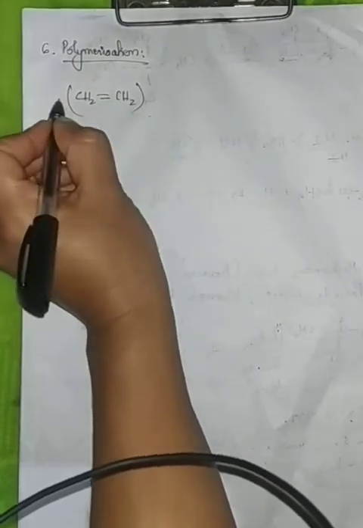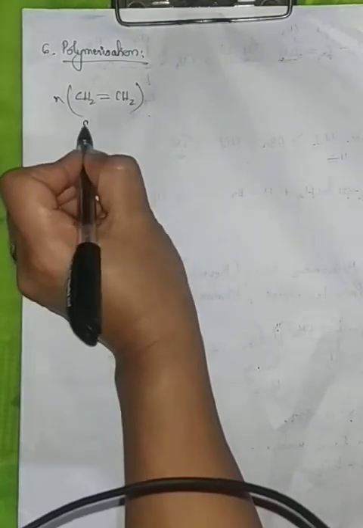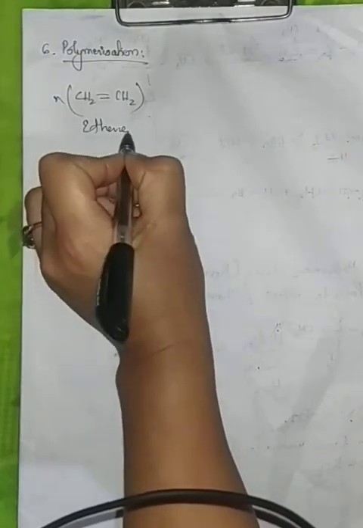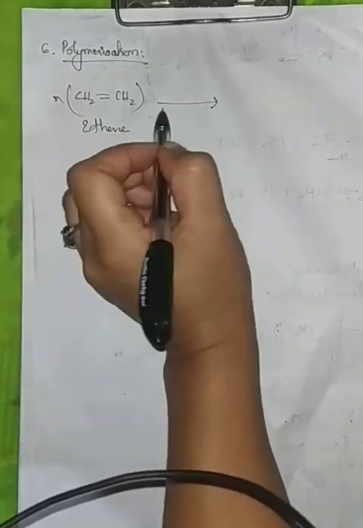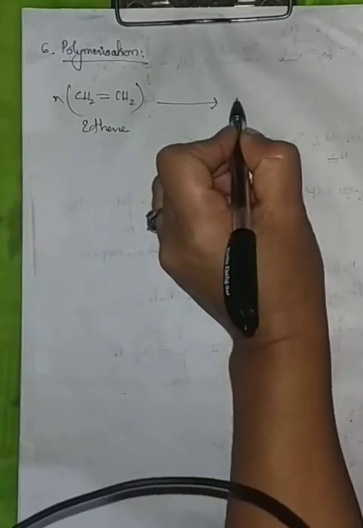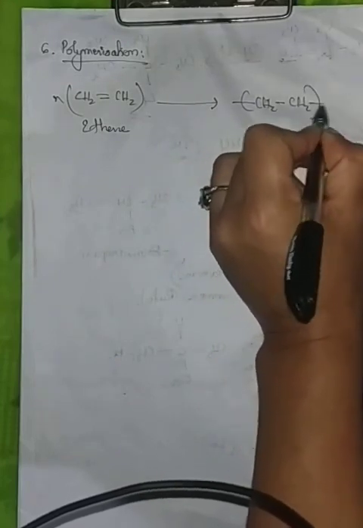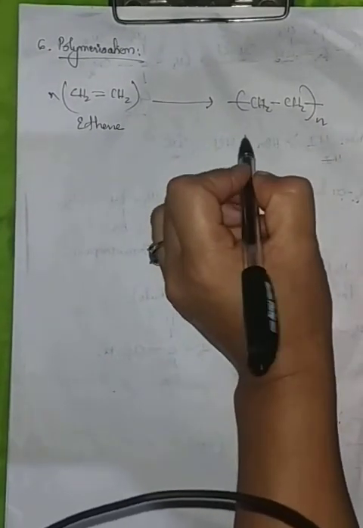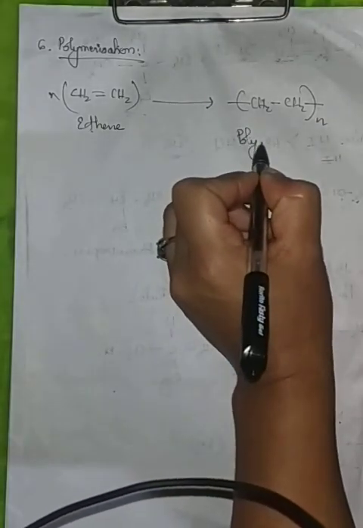Now when n monomers of ethene undergo polymerization at high temperature and pressure, when a catalyst is used, we would be getting CH2 n times of the ethene molecule, therefore we would be getting polyethene.